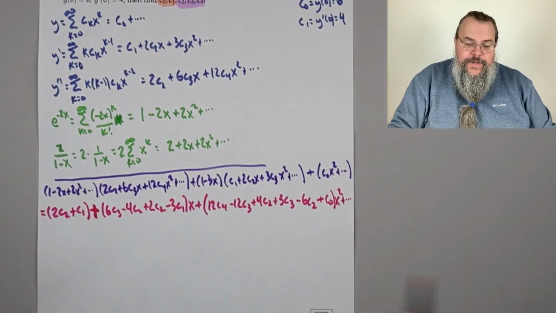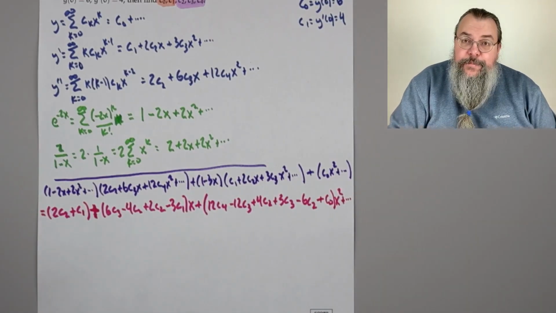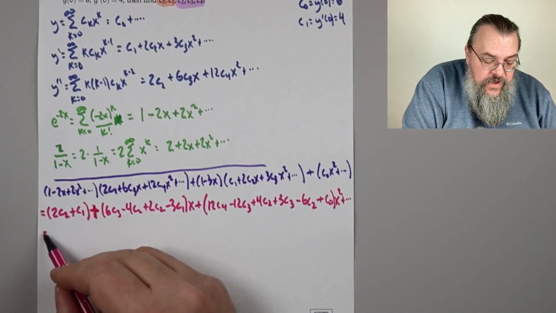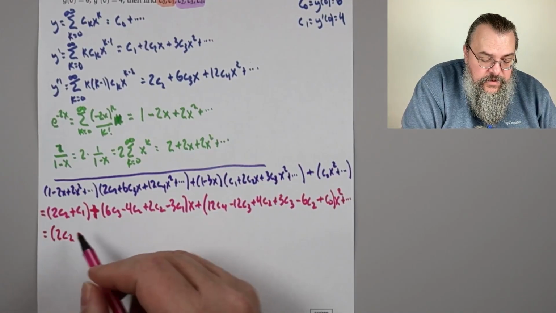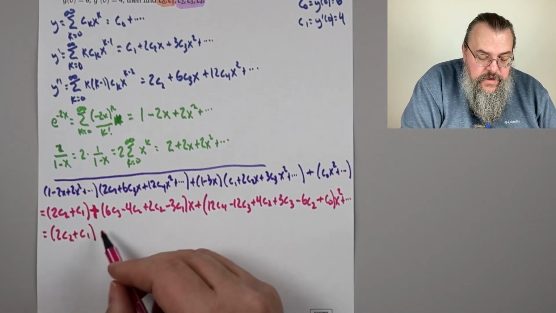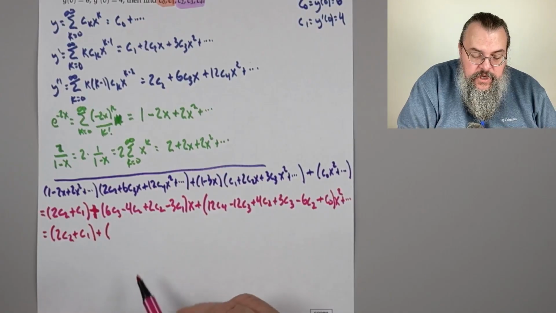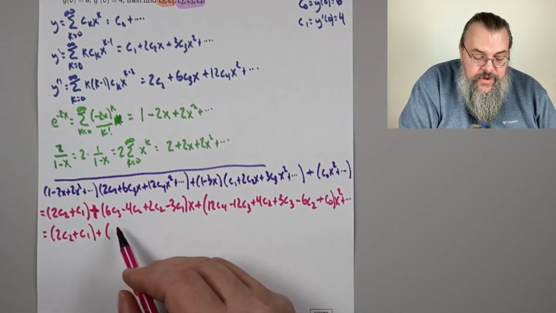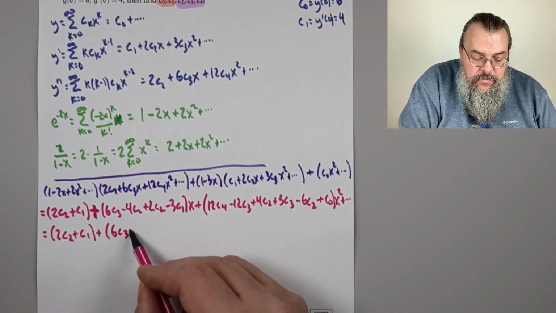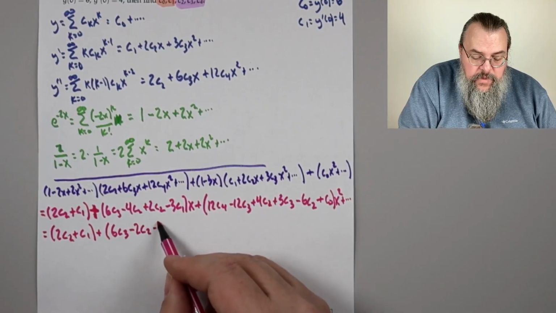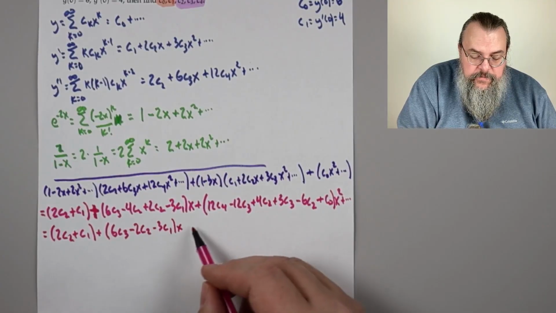All right, good. Well, let's clean that up a little bit. So this is 2c2 plus c1 plus, well, here we can group the middle terms, 6c3 minus 2c2 minus 3c1 times x.